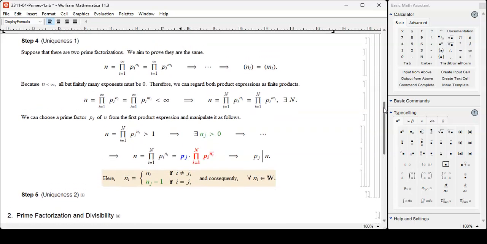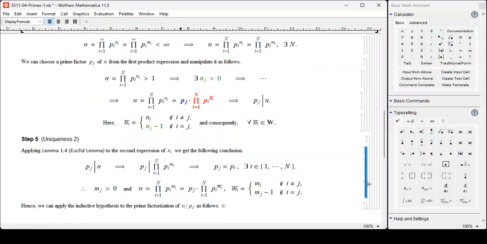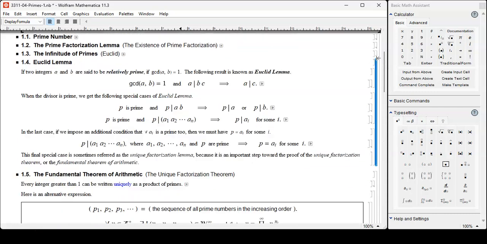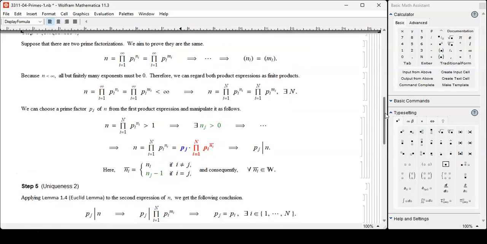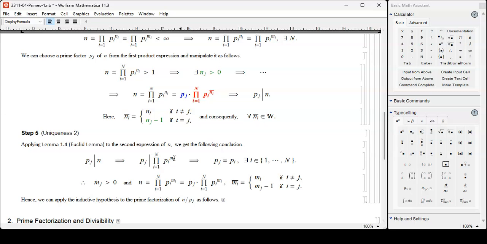All right. Now, let's do something similar to the second factorization. Let's take the factor pj out. pj divides n, so pj divides the second factorization. So pj is equal to one of those factors here by Euclid's lemma. This special case of Euclid's lemma, we just use that. pj divides the second expression of prime factorization, so we have equality.